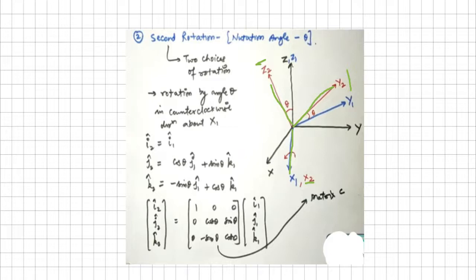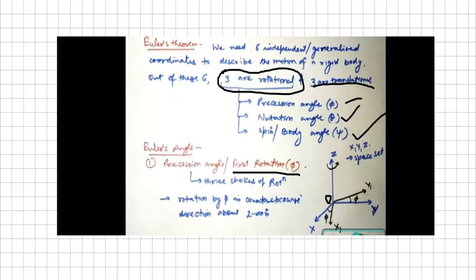I hope it's clear. Let me repeat what we did. We had the xyz axes, and we rotated through an angle phi along the z axis. So our new coordinates were x1, y1, and z1.